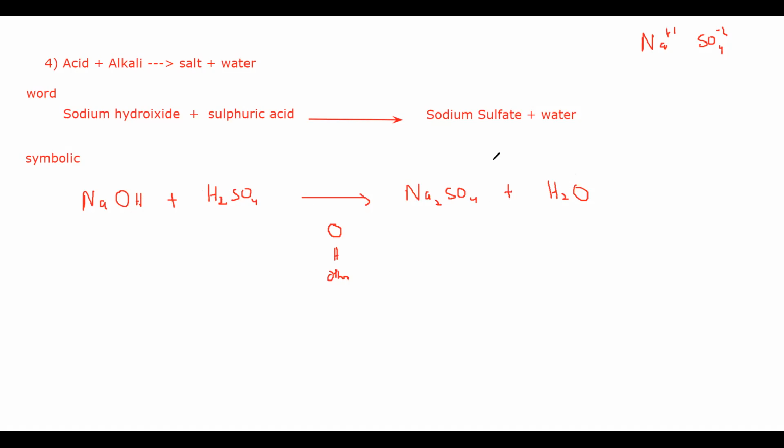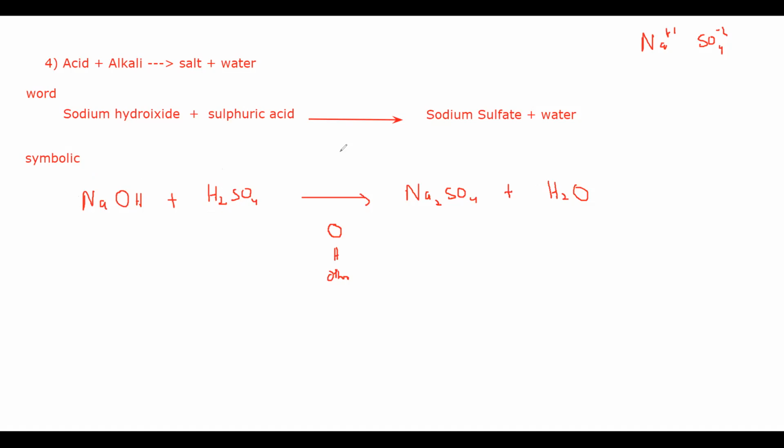So if I try to balance, if I put 2 here, what does it make? It makes 4 hydrogen on the right hand side, but 3 hydrogen on the left hand side. So that's why I will put 2 here as well, so that I will have 4 hydrogen on both sides. You can see this 2 multiplied by hydrogen, that's 2, and then this 2 is there, so it makes 4 hydrogen.